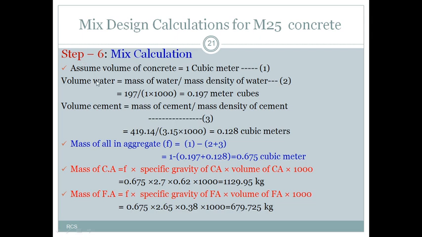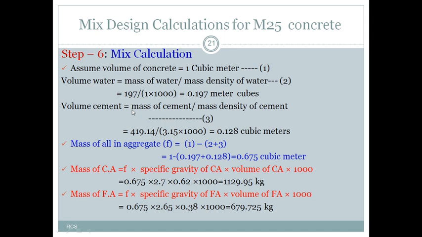Say for calculating the volume of water, that is equal to mass of water by mass density of water. The mass of water we already know, 197, divided by 1 into 1000, which is the mass density of the water. I will get 0.197 meter cube of water. Next, volume of cement.